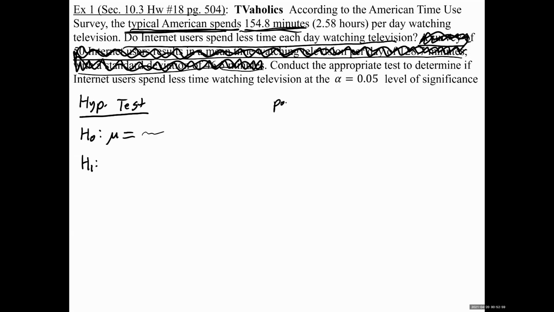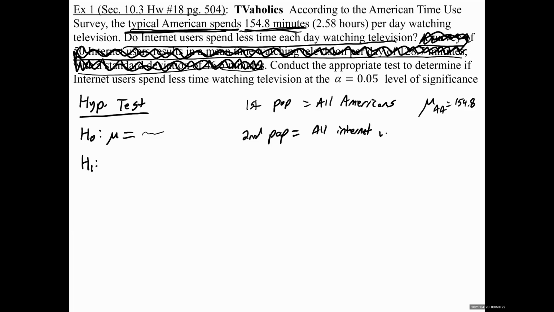The first population is all Americans, and the average time for them, I'll just put AA for all Americans, is 154.8 minutes. The second population is all internet users, and the mu for them, we don't know what it is.